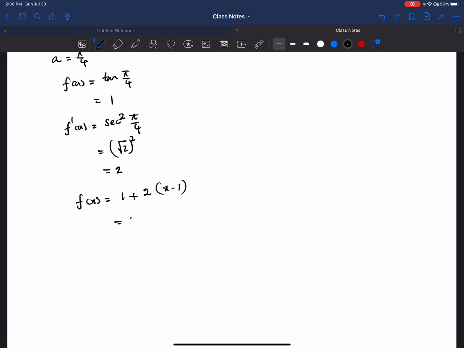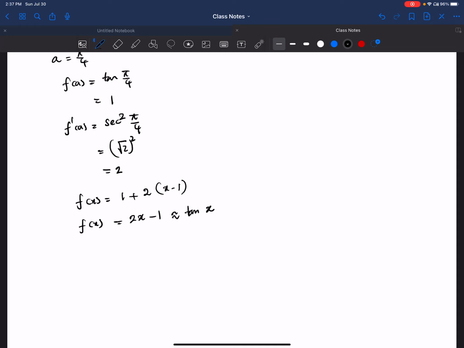So you get 2x minus 1 is f of x, right? So this is an approximation for tangent x at the vicinity of a equals pi over 4.